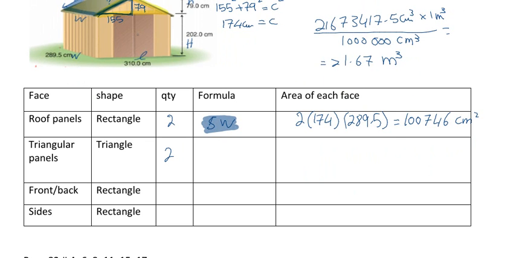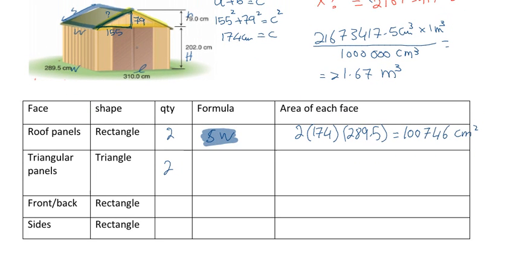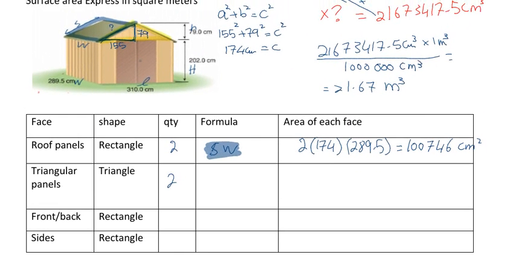So if we're looking here, the base is L, and then the height is small h. So it's half L times small h.